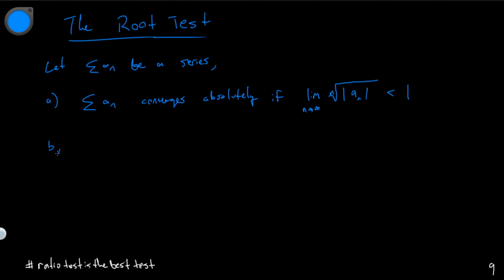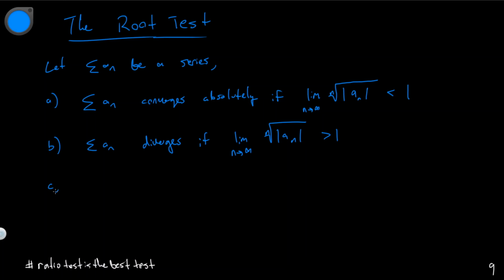Right? B, the series diverges if the limit as n goes to infinity of the nth root is greater than 1.